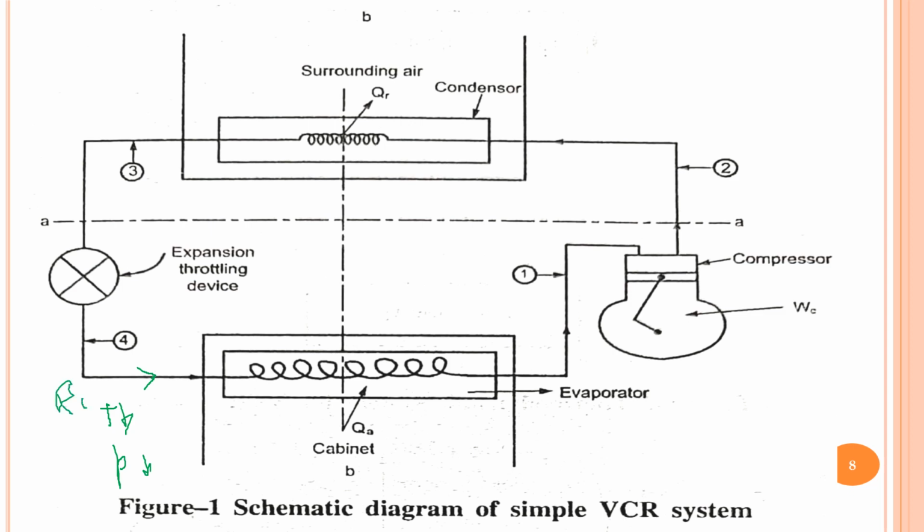refrigerant in liquid form is entering. What we expect here is low temperature, low pressure refrigerant in vapor form, because this is the state in which the vapor enters the compressor.